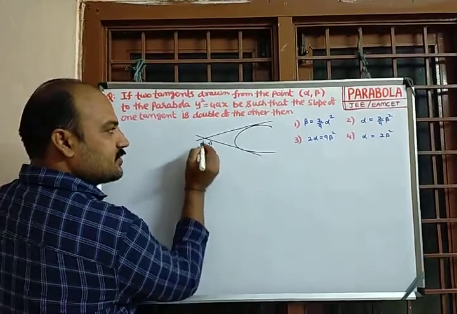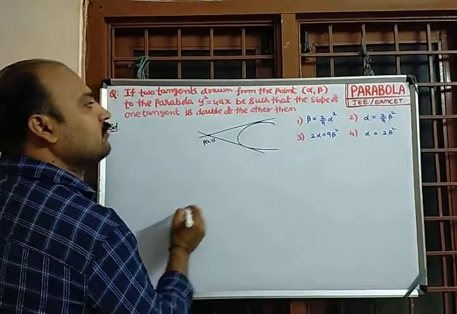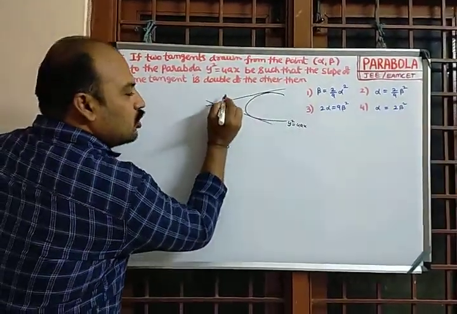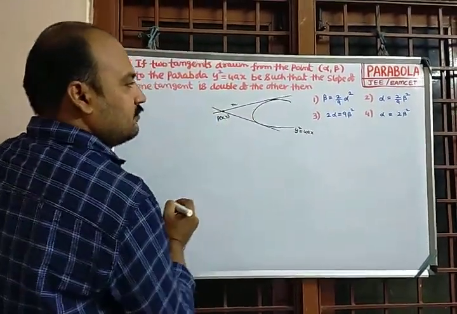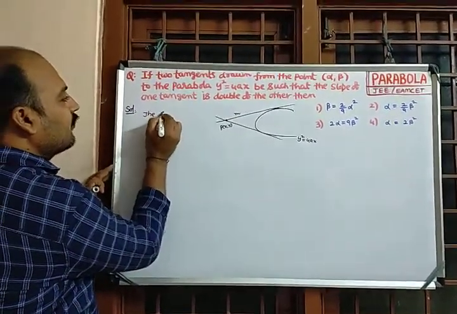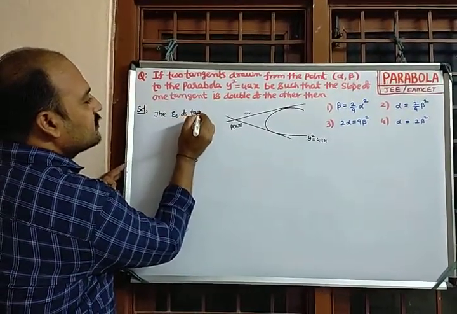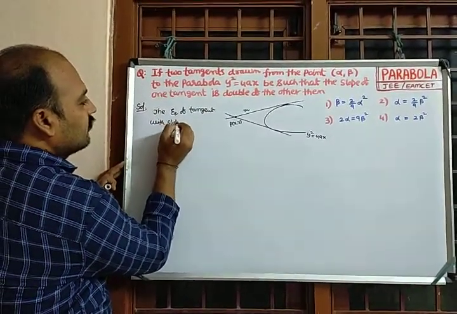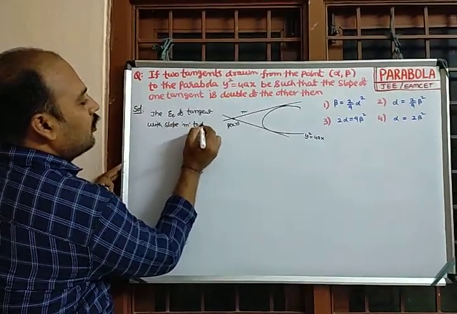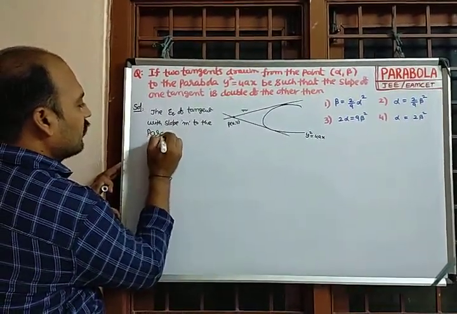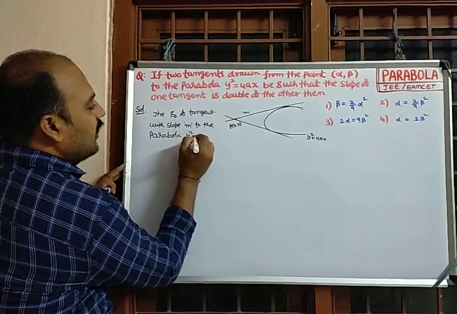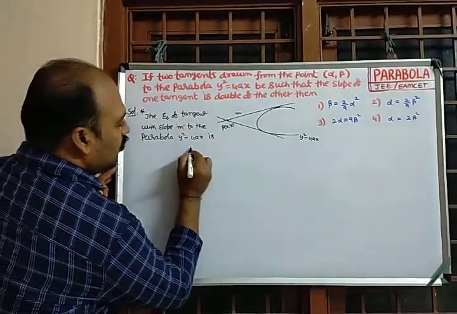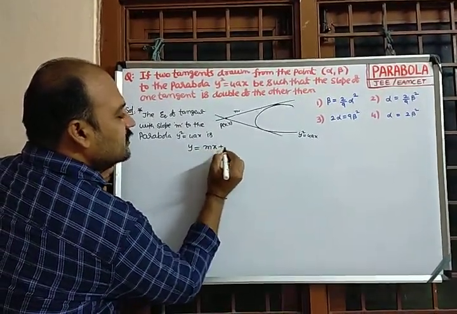These are the two tangents from an external point P to the parabola y square equal to 4ax, whose slopes we are assuming m. The equation of tangent with slope m to the parabola y square equal to 4ax is y is equal to mx plus a by m.